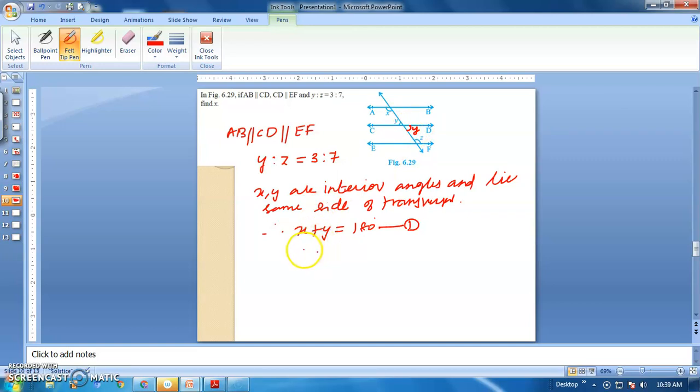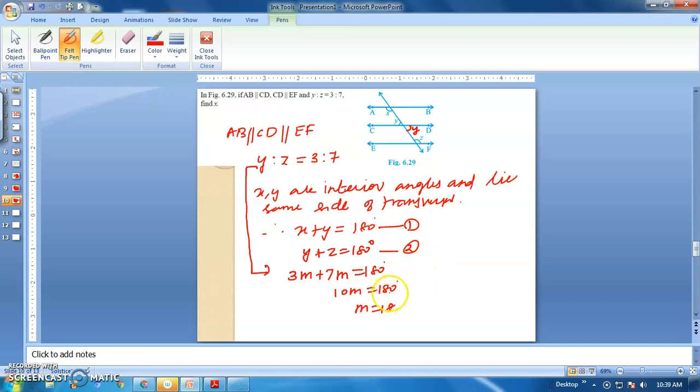So y plus z is also 180 degrees, because the same thing, same side of the transversal, right? And already y is to z equal to 3 is to 7 given. So we can take 3m plus 7m equal to 180 degrees. So 10m equal to 180 degrees. So m equal to 18.